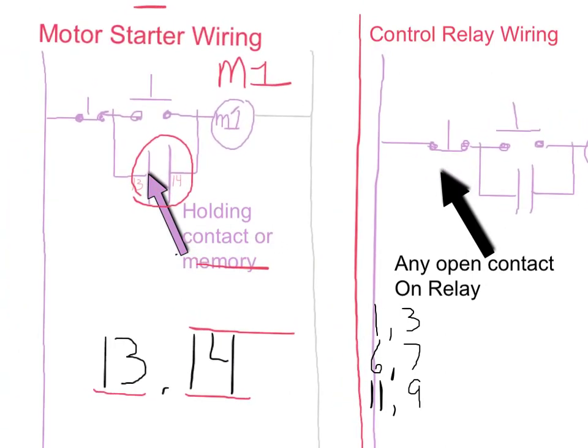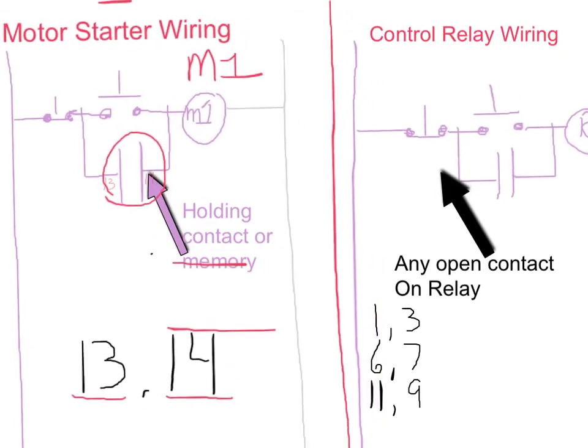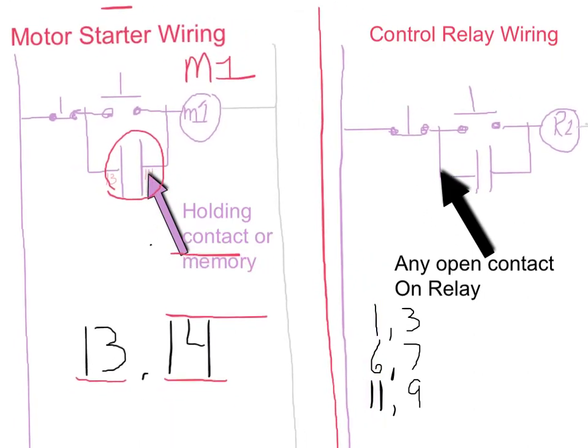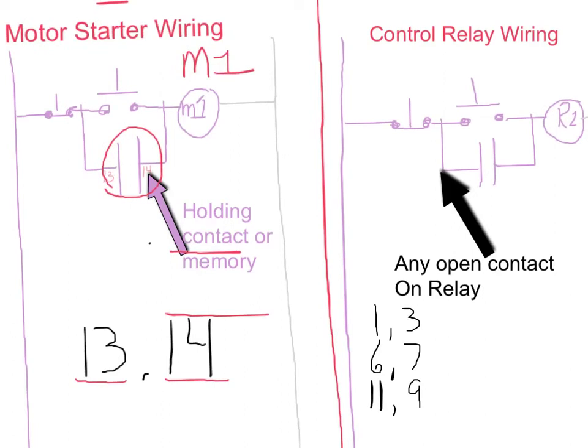And again, those are the manufacturer terminal numbers, so those are going to be true regardless of the type of equipment we're using, because remember, NEMA kind of standardizes all of that for us. Over here on the control relay, same situation, but we have a lot more options because we have several different open contacts. We could use any of those numbers, and you guys are obviously familiar with those. We've been using those all along, and so we're looking at just a simple open contact off that relay.